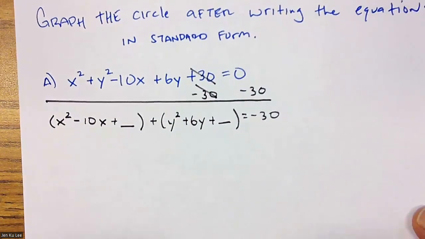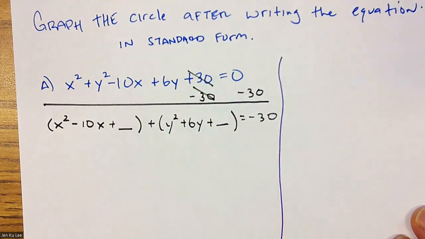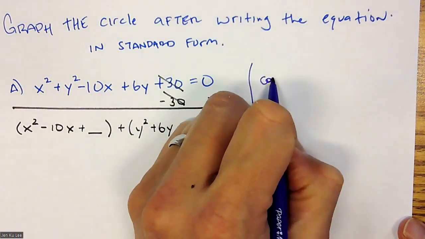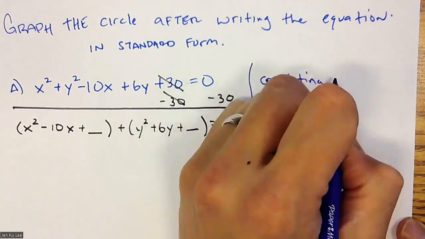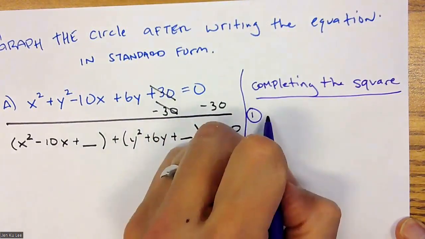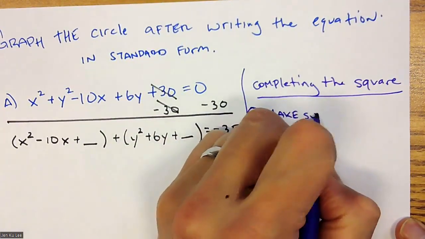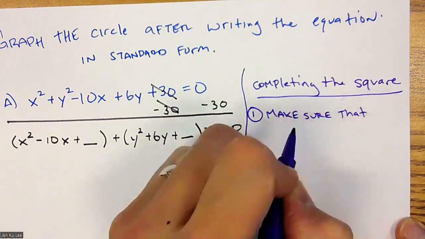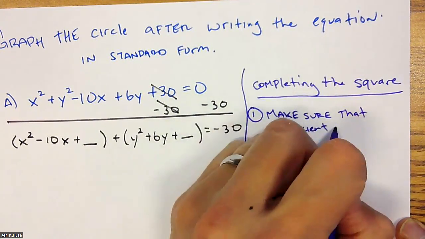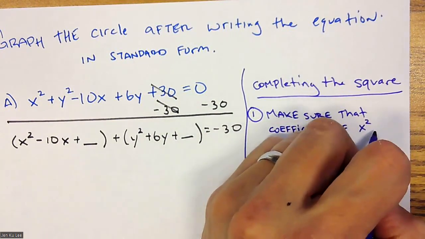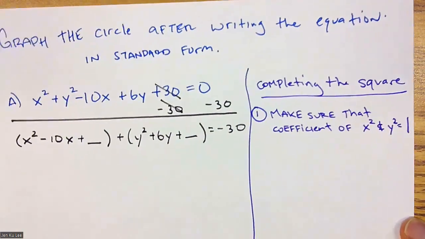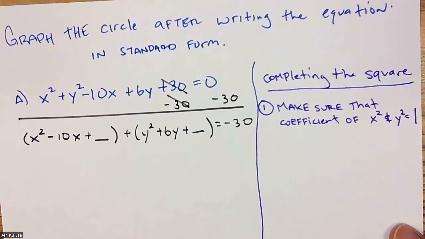If you guys look back at your notes from completing the square, your first step is to make sure that the coefficient of your variable squared, x squared and y squared here, equals 1. So they do. So we're good with that.